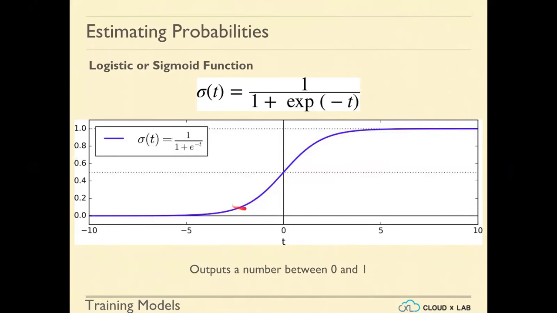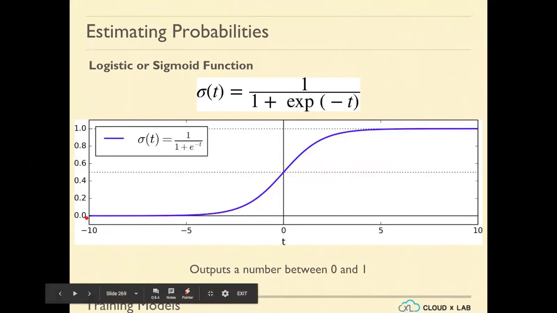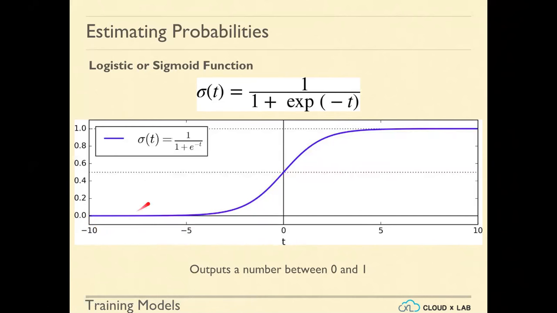Okay, so this is how the graph looks like. If the t is really small, negative, the value is going to be almost 0. And if the t is very big, the value is going to be 1. The value here is between 0 and 1.